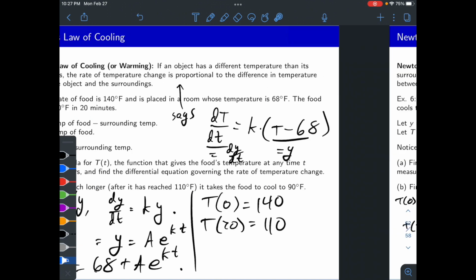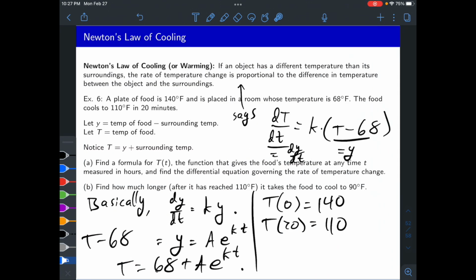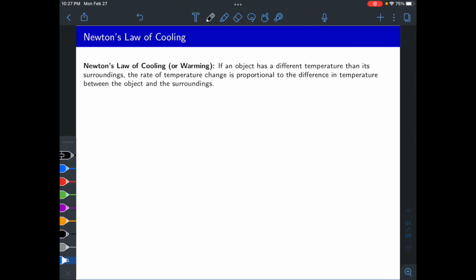So the change in temperature with respect to time is proportional to the difference between the temperature and its surroundings. We'll say T sub S for the temperature of the surroundings.